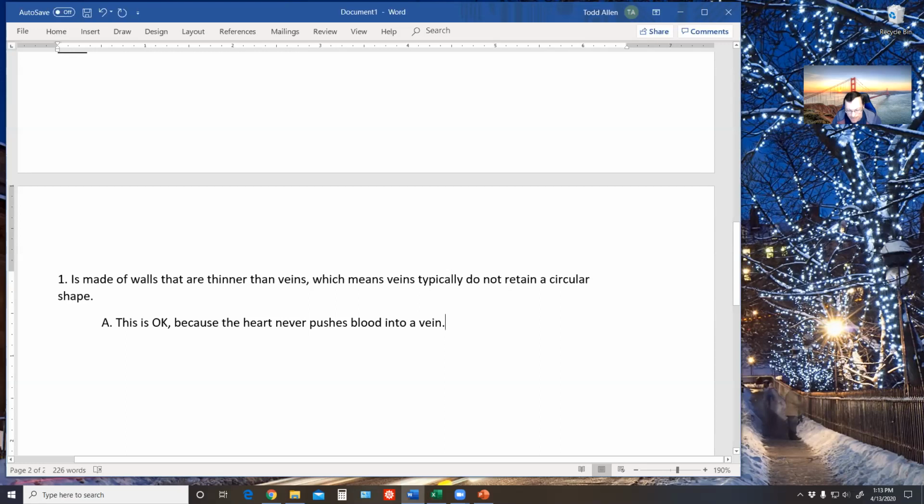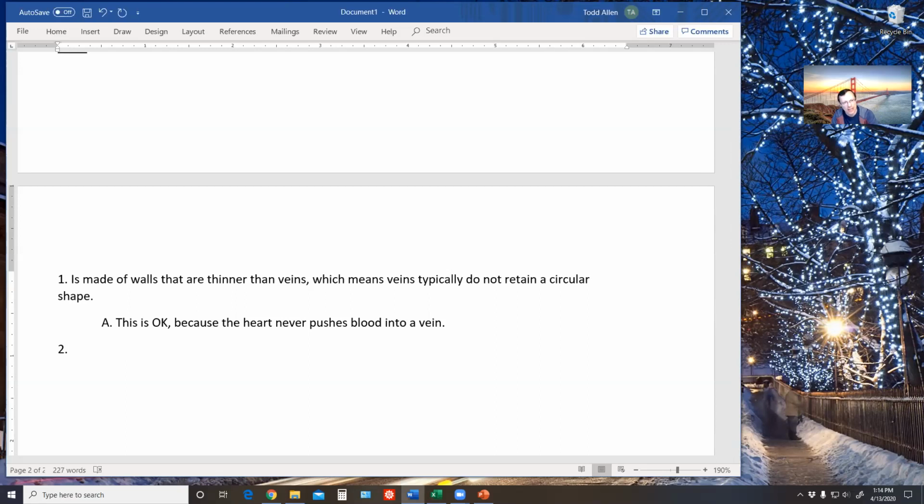All right. So I'd like to talk to you a little bit about how blood is able to move through the veins. Okay. I'm assuming that it's obvious to you that when the heart contracts, that is the primary driving force that pushes blood through the arteries, right?